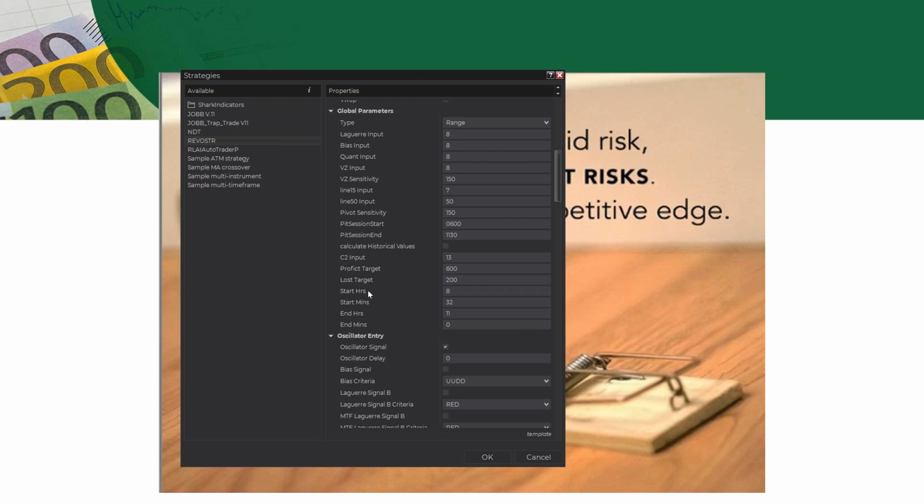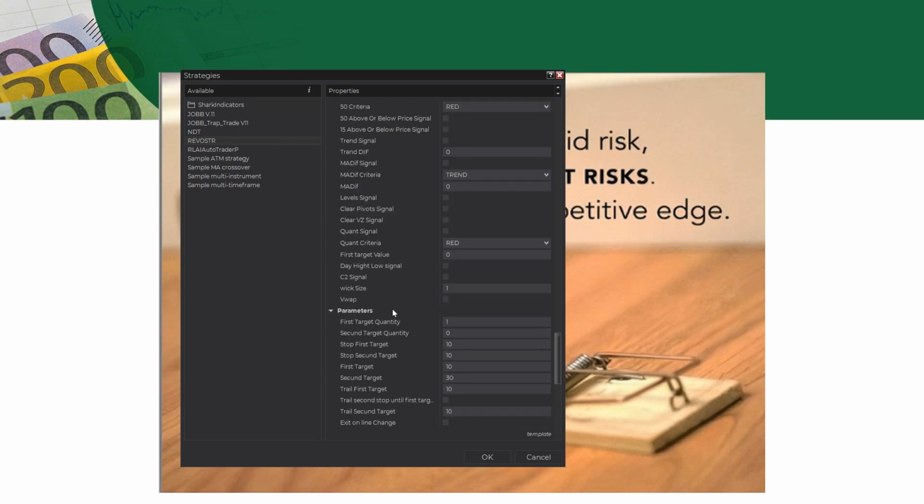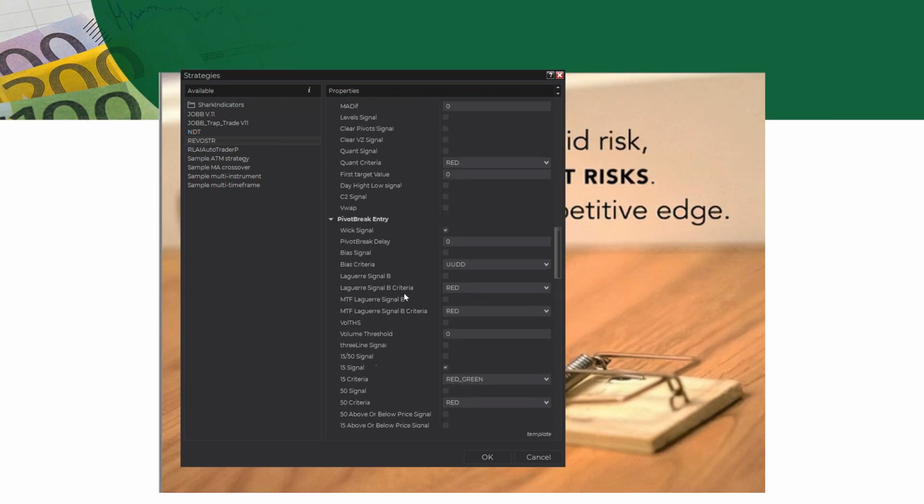You can set the time you want it to start and end. And if you go all the way to the bottom and change this to 3630, it will close out any trade about 10 seconds before the close of the market. So it's very versatile, everything you would want to do here.